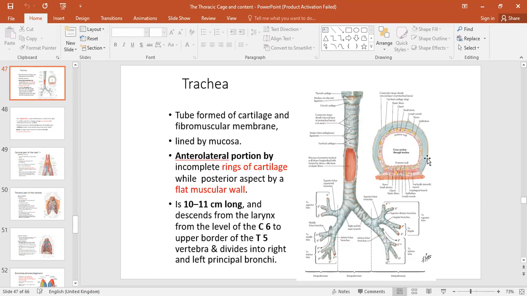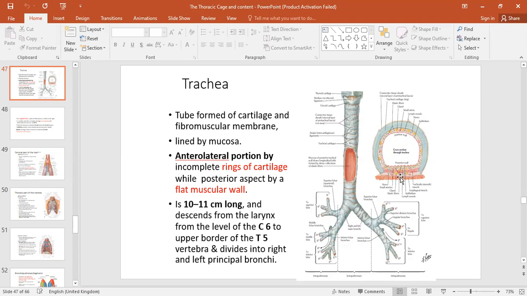Since these hyaline cartilage rings are not complete at the back, they are held together by a smooth muscle called the trachealis muscle. This is the trachealis muscle we are seeing here. Then posterior to the muscle will be the esophagus. So you see that the boundary between the esophagus and the trachea is just muscle here.